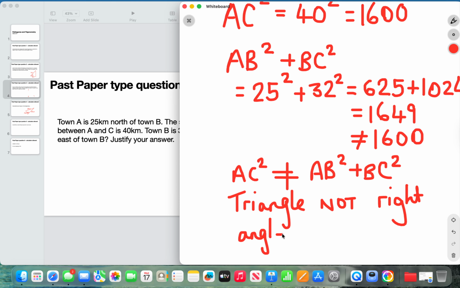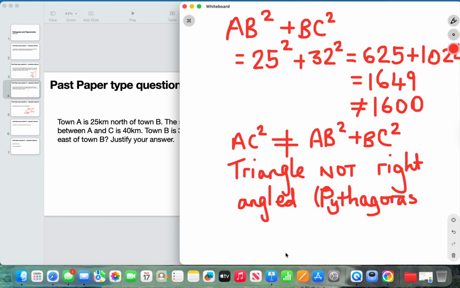The idea is that Pythagoras is not satisfied, so it cannot possibly be right angled. If Pythagoras' theorem was satisfied, then it would be right angled. So we just say Pythagoras not satisfied.